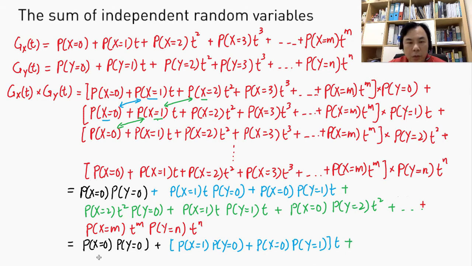So the green one, we have Px equal to 2, Py equal to 0, or Px equal to 1, Py equal to 1, or Px equal to 0, Py equal to 2.